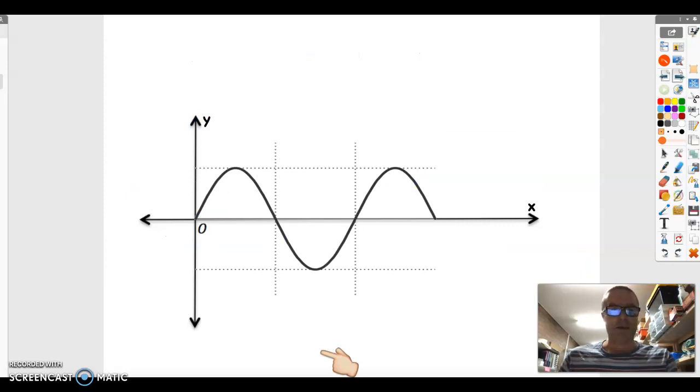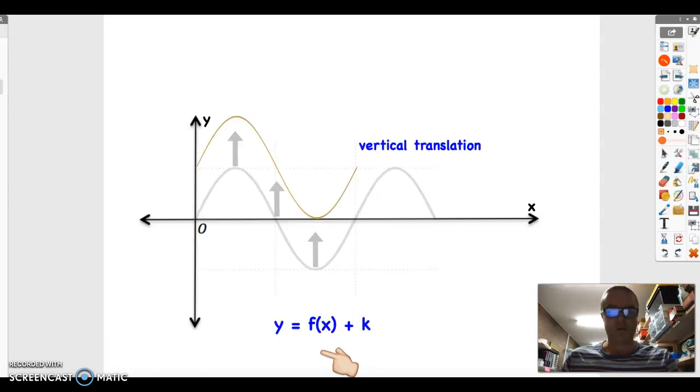So let's talk about the sine graph in particular, and we'll talk about how the transformations relate to this graph. The thing about sine and cosine graphs is that the translations, or the transformations, are the same for each graph. So we will be able to translate graphs.